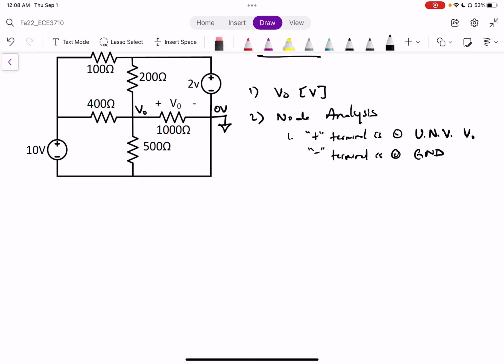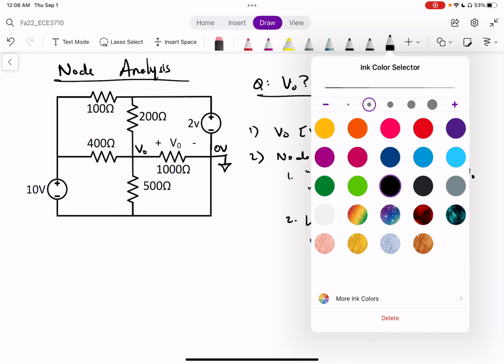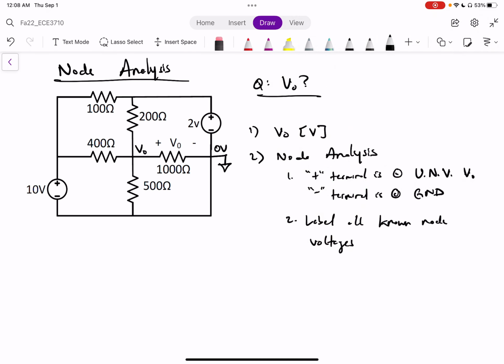All right. Second, label all known node voltages. How do we do that? Well, we have to start analyzing and understanding where the nodes are. So this is a node.